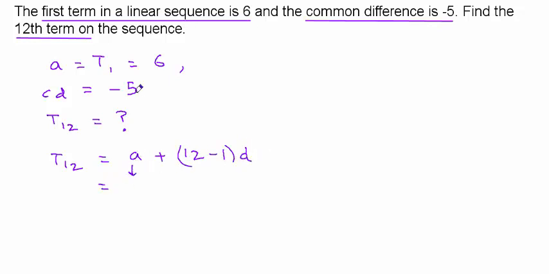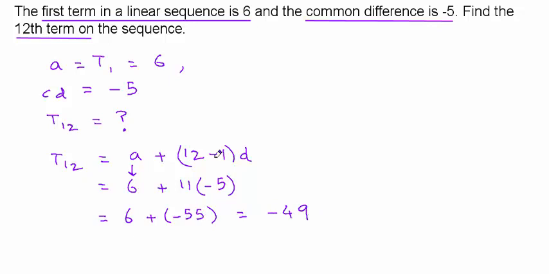A is 6, the first term, plus 12 minus 1 is 11 times the common difference, negative 5, which means the numbers on the sequence are decreasing, times negative 5. This is going to be 6 plus negative 55, which is equal to negative 49.